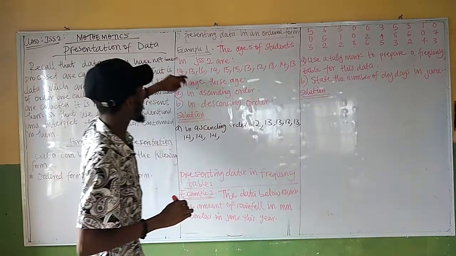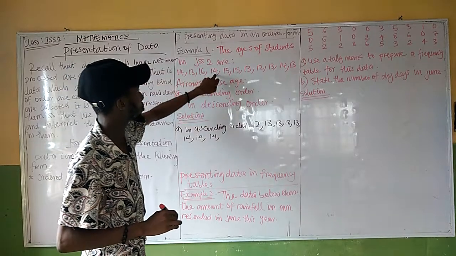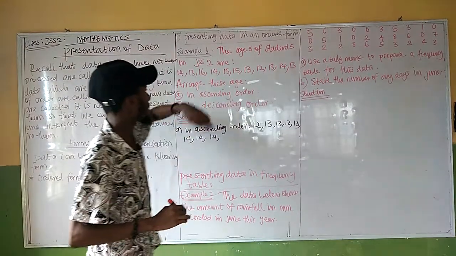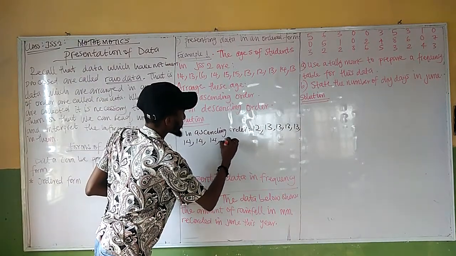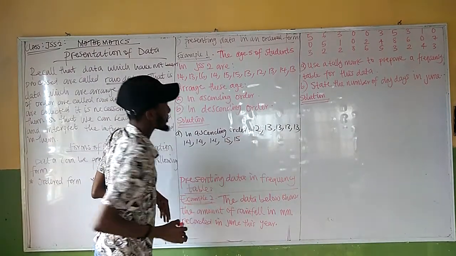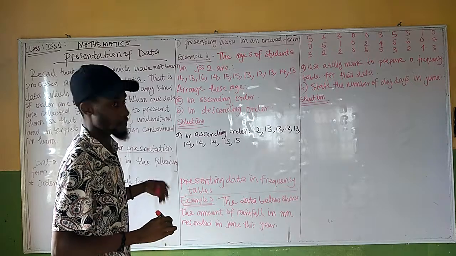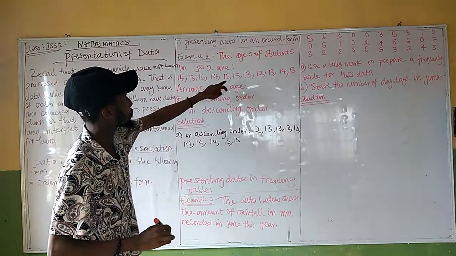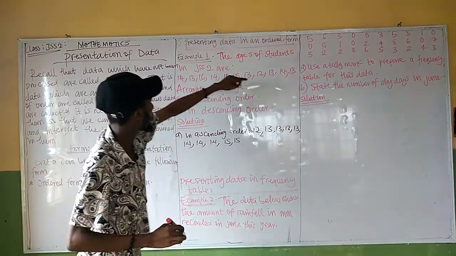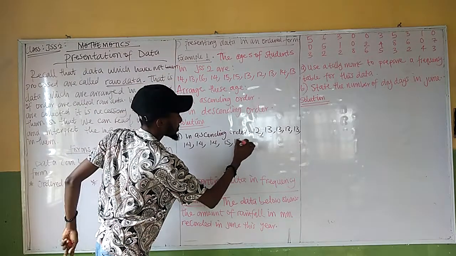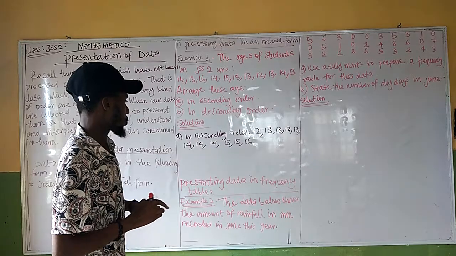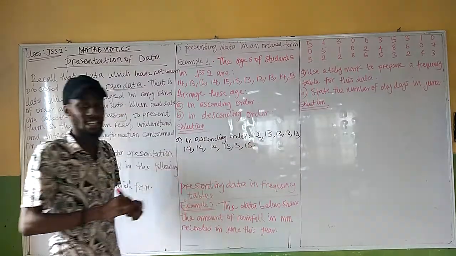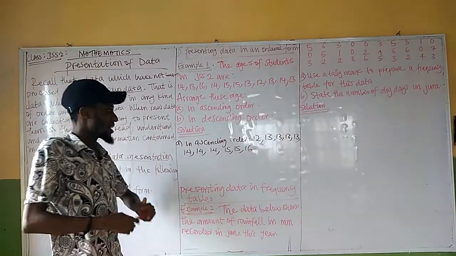So the frequency of 14 there is 3. Then we still have 15. 15 appears 2 times there, so that's the frequency of 15. Then you have 16. How many times does 16 appear? Just once.